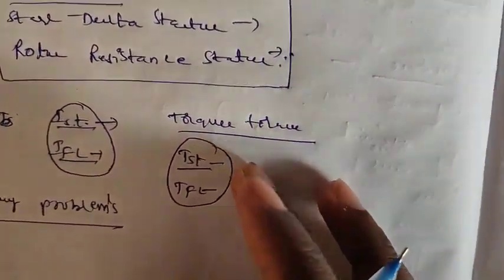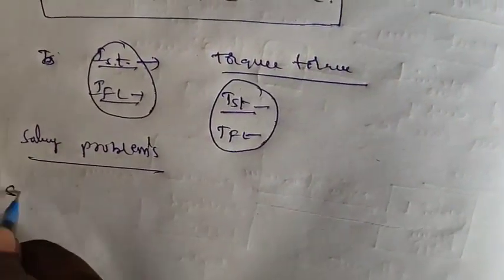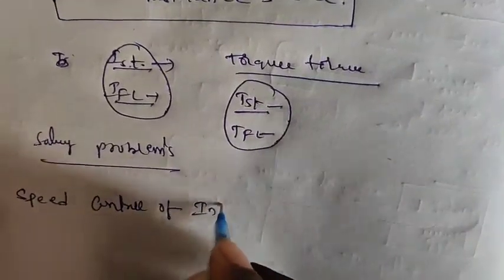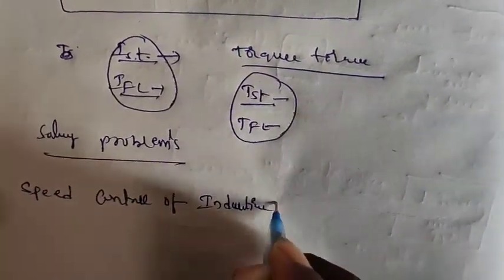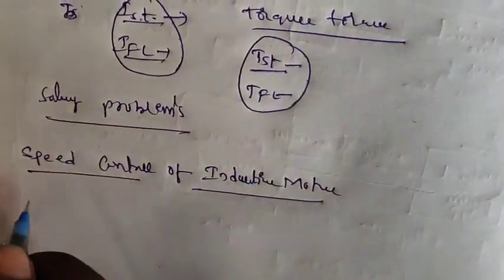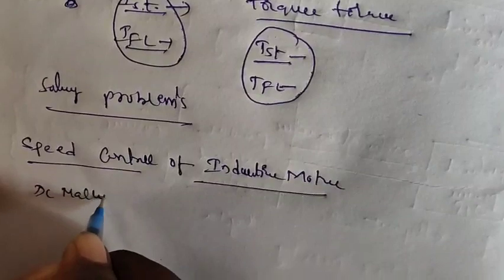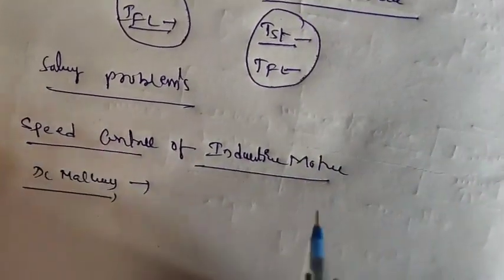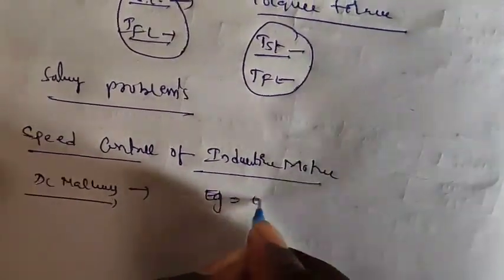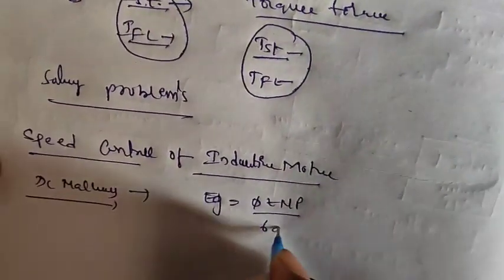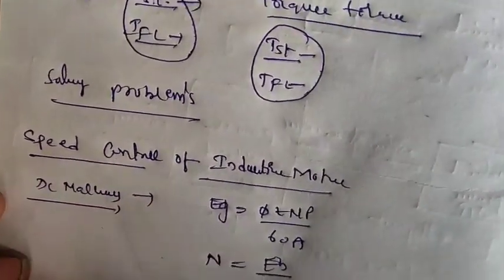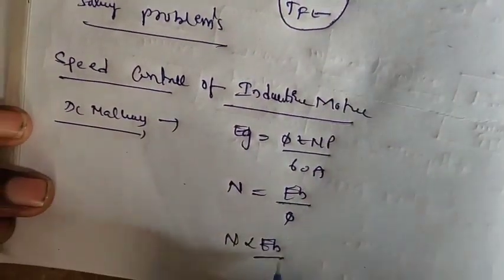Next, another part is speed control of induction motor. Like DC machines, we have speed control. Generated EMF is equal to phi Z N P by 60 A, and speed is directly proportional to Eb by phi.